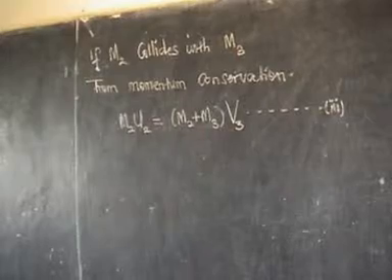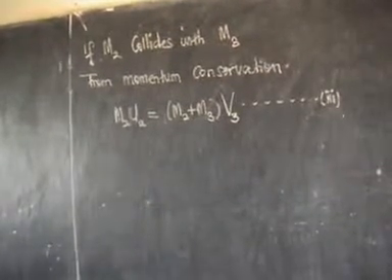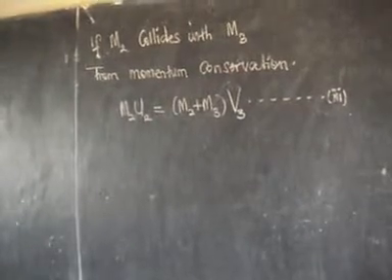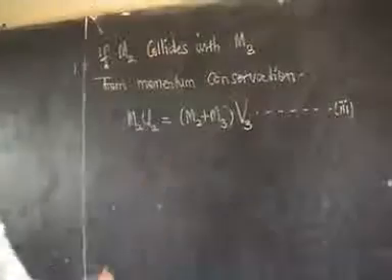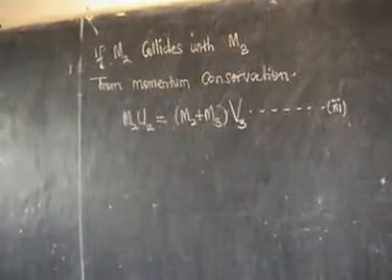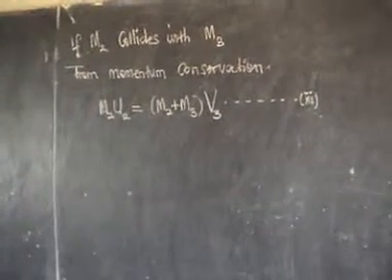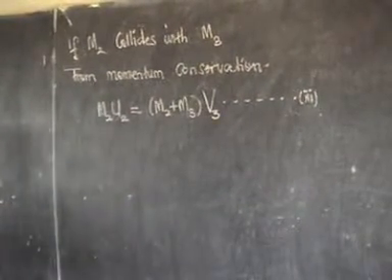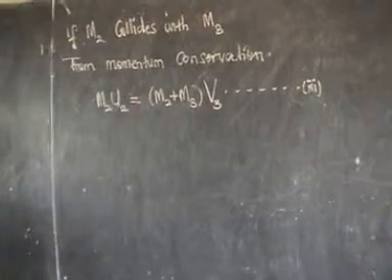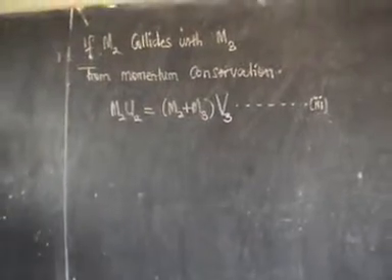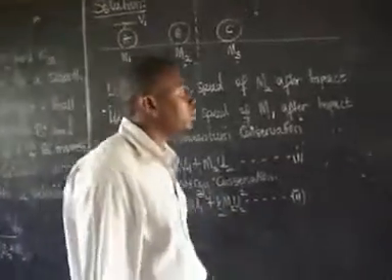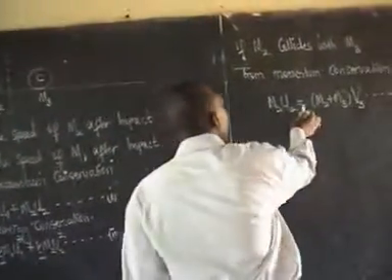Now they want us to derive or show the given expression, meaning that I have the value of U2 in terms of M1, M2 and V1. So that is the task. I'm going to combine these two equations so that I eliminate U1. I make U2 the subject, and then I will substitute for U2 in this third equation.